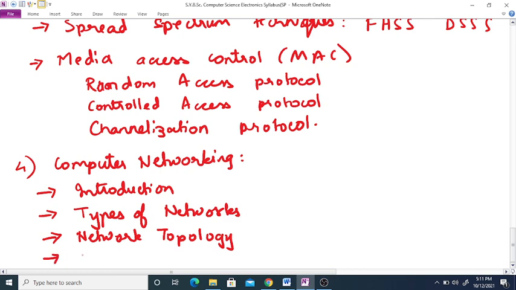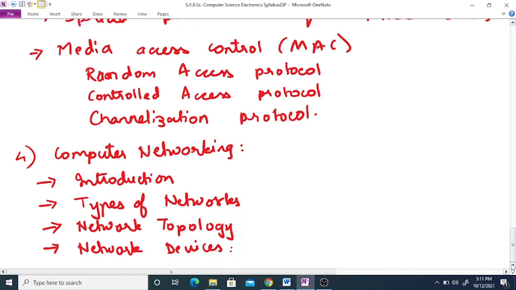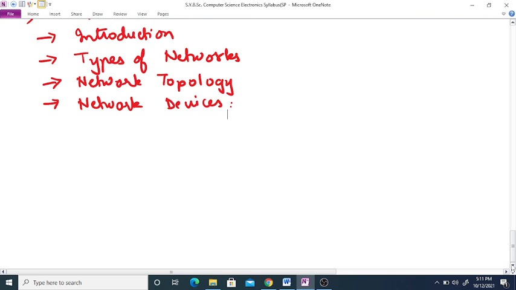Next, network devices, that is repeater, switch, networking cables, router, bridge, hub, router. These network devices we are going to consider here. Next topic is Ethernet.